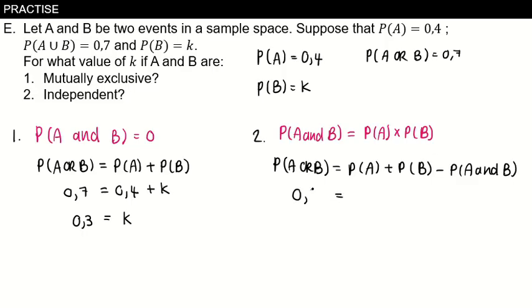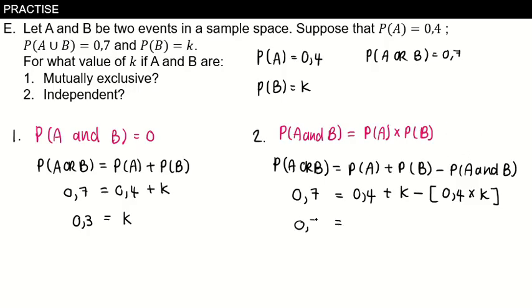So A or B is 0.7, A is 0.4, B is K, minus the two events multiplied: 0.4 times K, because I'm following the independent rule.